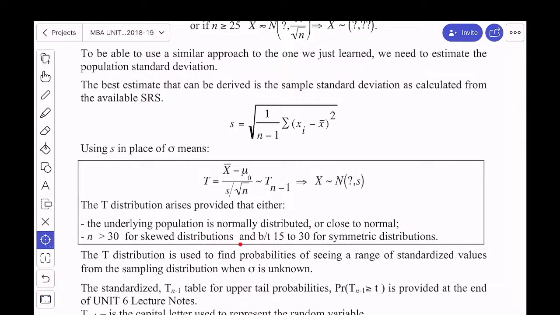Even if you start with a skewed distribution, as long as the sample size is greater than 30, you're okay to say that this standardized value is approximately normal. T is a t distribution with n-1 degrees of freedom.